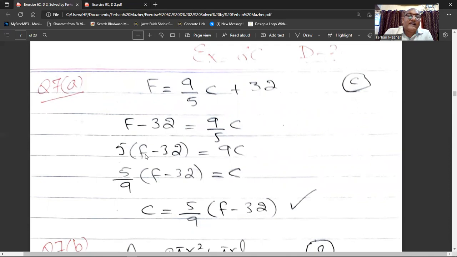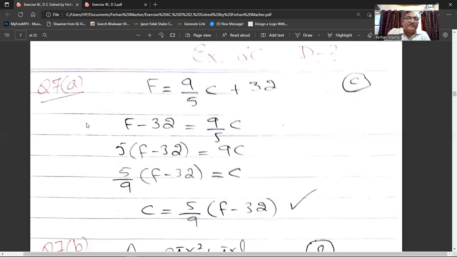So 5 bracket f minus 32 bracket close equals 9c. This 9, which is multiplying with the c, will go to the other side and divide there. So you will have 5 by 9 bracket f minus 32 bracket close equals c. So c will be equal to 5 divided by 9 multiplied with the bracket f minus 32 bracket close. This is how you will do question number 7, part A.